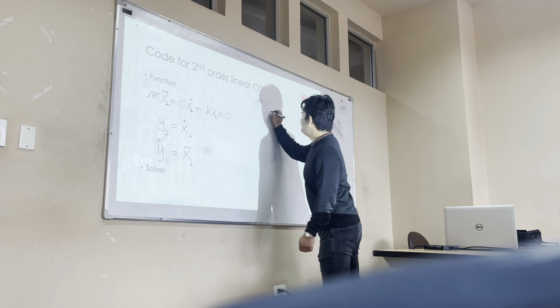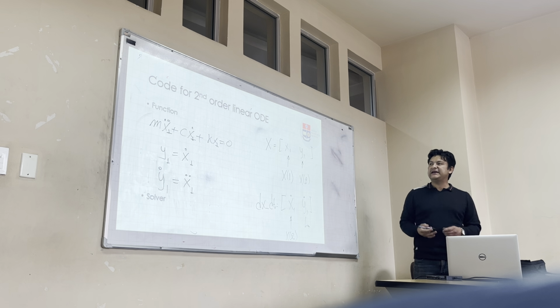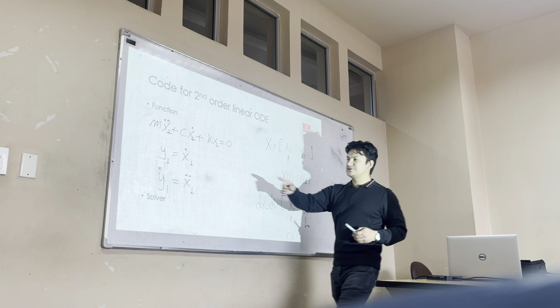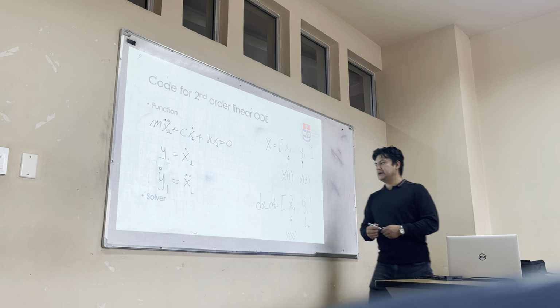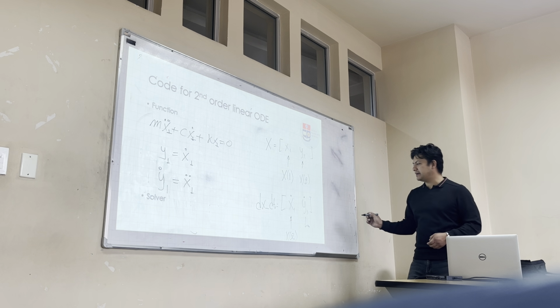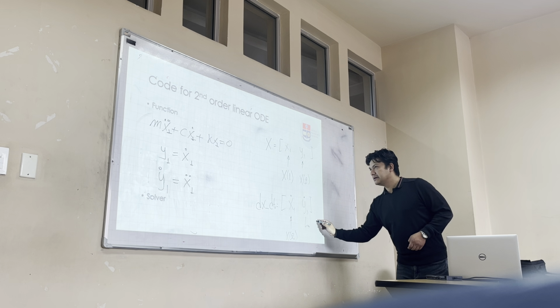Is that right? And this thing here, what is this? This is the acceleration of x1. You got it here. And the acceleration of x1 equals to what? This. Right? Equals to what? It's 1 over m that multiplies minus k x1 minus c x2.